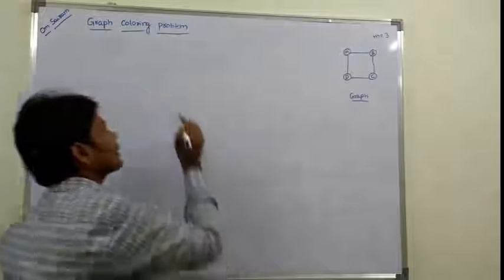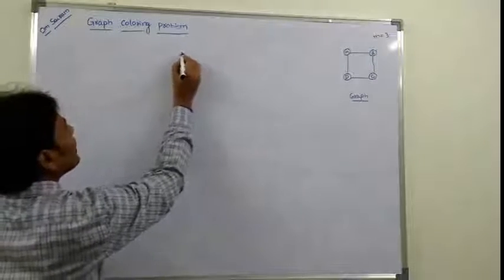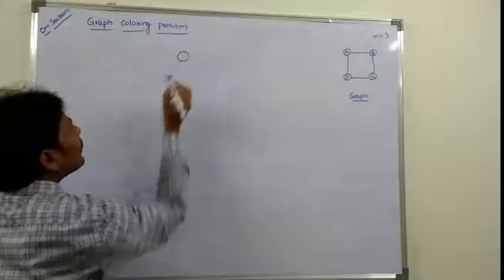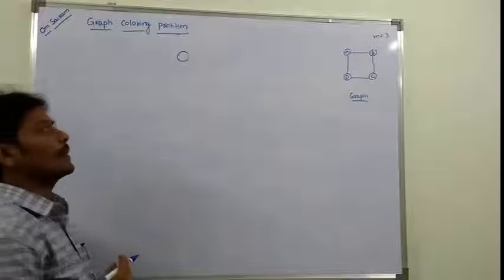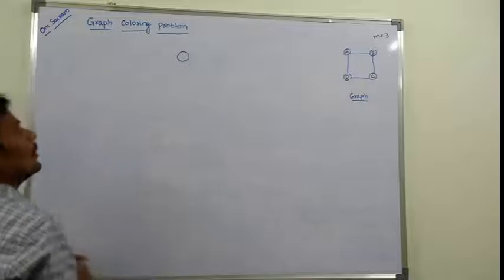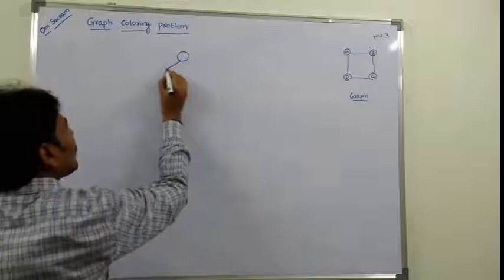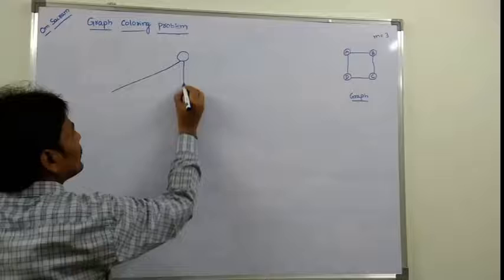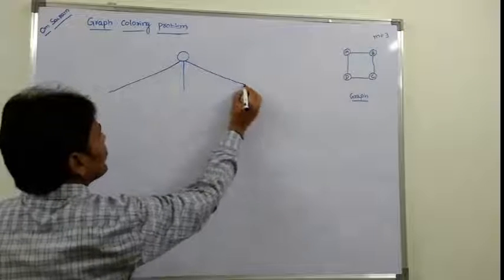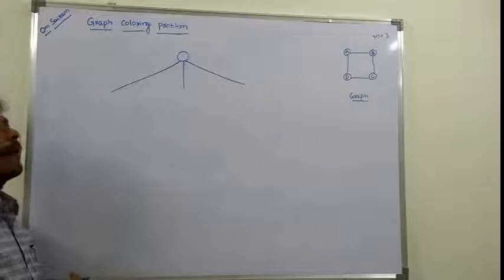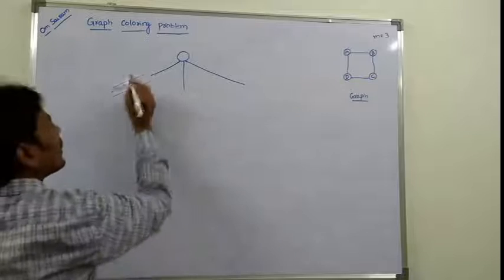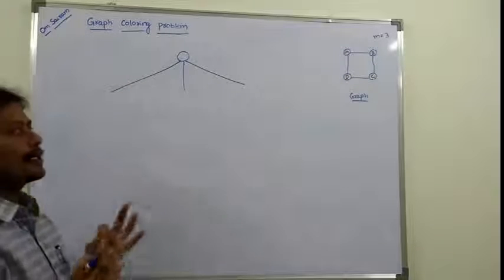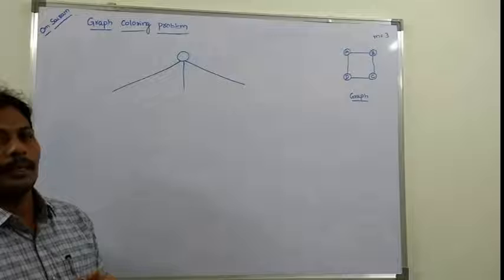Here the state space tree is represented by using a root node. What are the possible colors? There are 3 colors: first color, second color, third color.